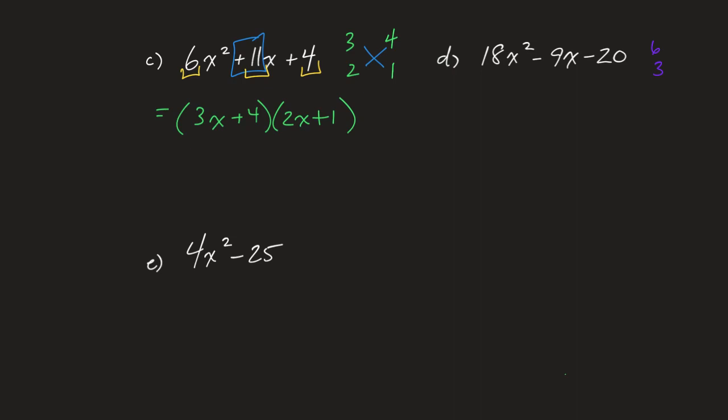So just to reiterate, I'm not going to make that my 4 and my 5, because if that's my 4 and my 5, there's a common factor of 2 there, and my original expression does not have a common factor. So I am not going to write that, and I jump straight to a 5 and a 4. So now when I multiply across, there's a 15 and a 24. Those are 9 apart.